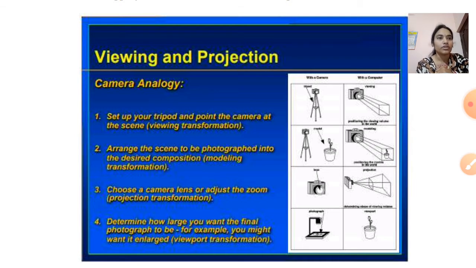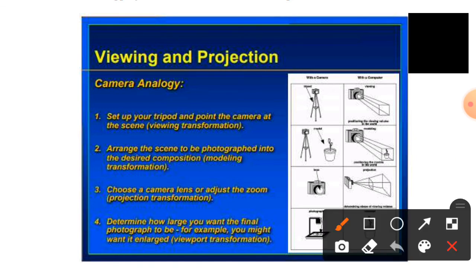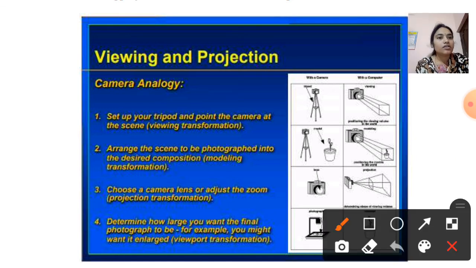Here, this one is the camera analogy, how to take a picture and set the camera, and this one is the computer analogy, how to take the picture or set the computer projector focus.